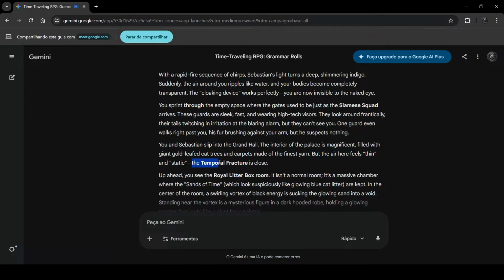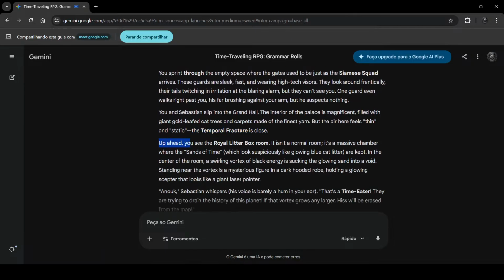The temporal fracture is close. Up ahead, you see the royal litterbox room. It isn't a normal room. It's a massive chamber where the sands of time, which looks suspiciously like glowing blue cat litter, are kept.